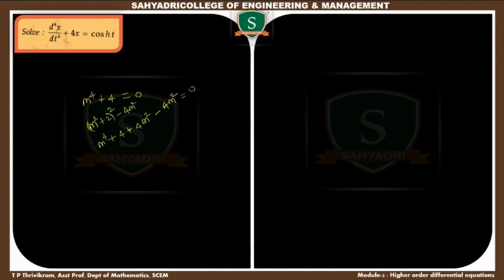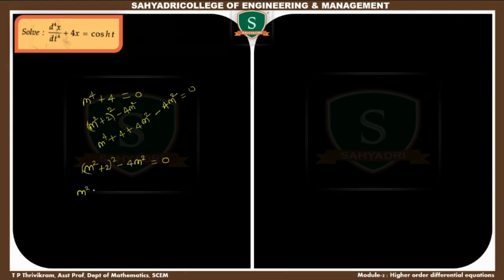Okay. So I can write this as m square plus 2 whole square minus 4m square equal to 0. I can write m power 4 plus 4 as like this. Now it is of the form a square minus b square, so it can be written as a plus b into a minus b, right?